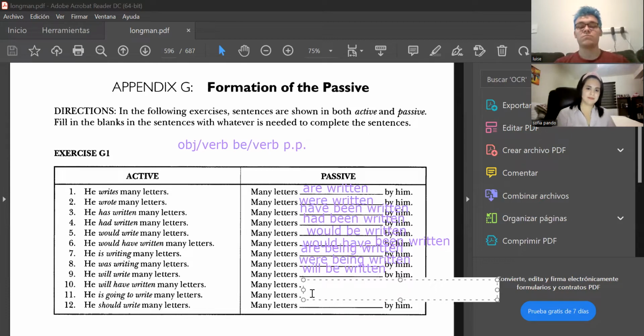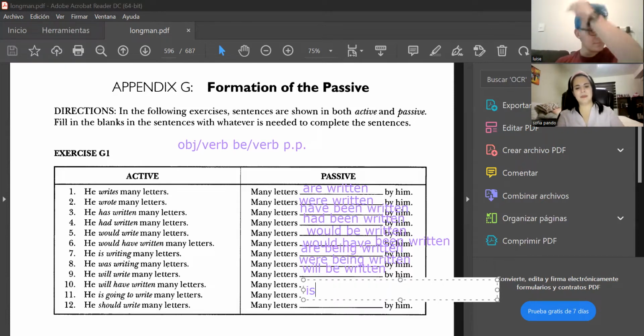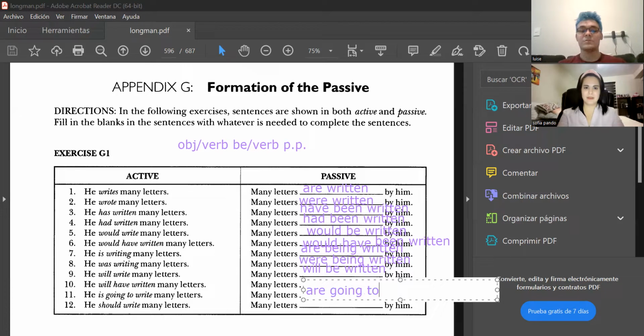I don't know, maybe we use it in will. Okay, so we're going to start then by using, well, not is, right? We have to use are because they are plural. Are going to, and then what do we do? Are going to been. Be or been?